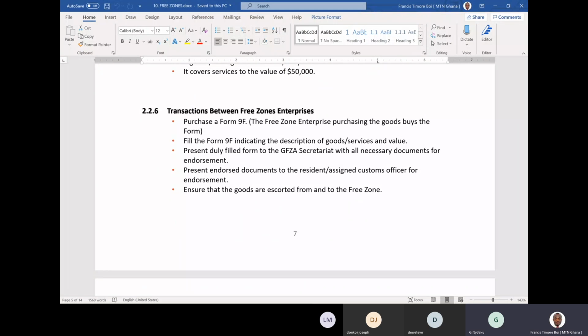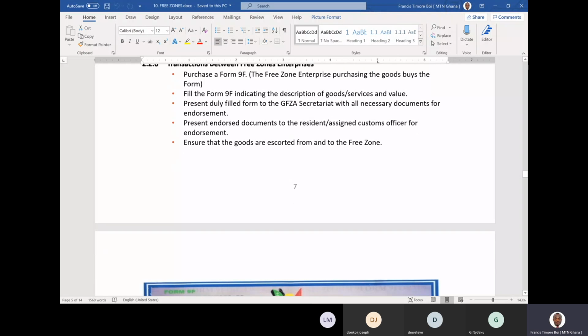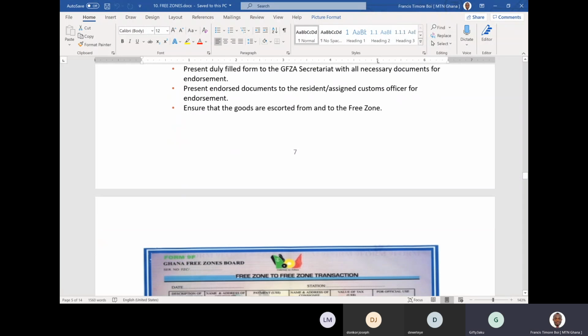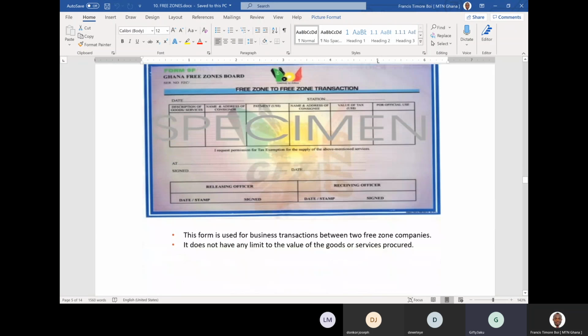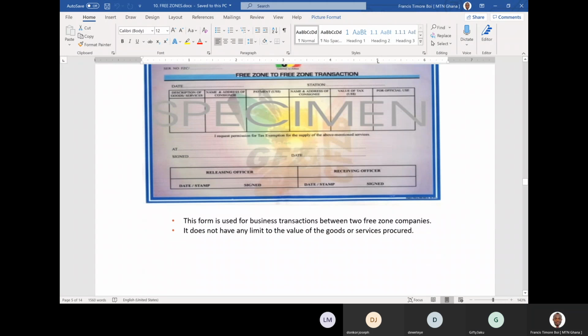So you pick up the Form 9F, fill it, indicate the description of the goods, and present it to the secretariat. The secretariat will endorse it, and they will assign it to the customs officer. And then they ensure that the goods are escorted to the other free zone. This form does not have a limit.